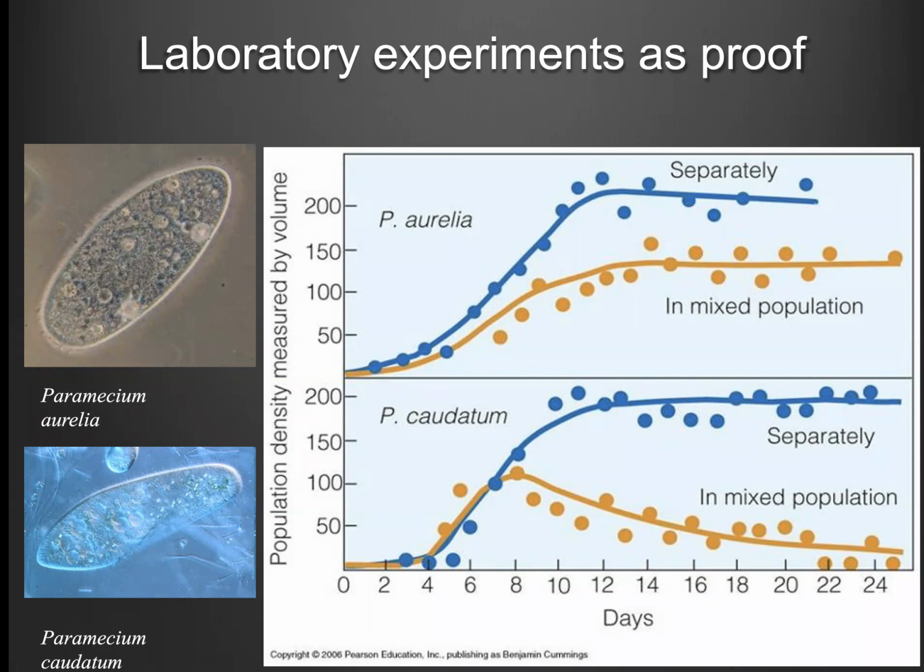But this is still the number of the same species, Aurelia, right? It can't go as high because it is being affected by having caudatum in the same flask. This is not including caudatum at all on the curve. It's just showing the negative impacts of that, okay?